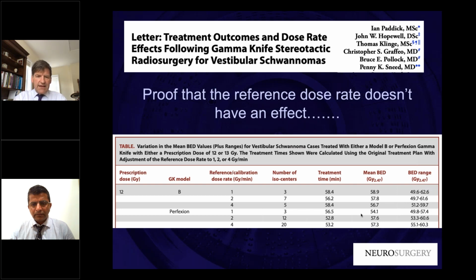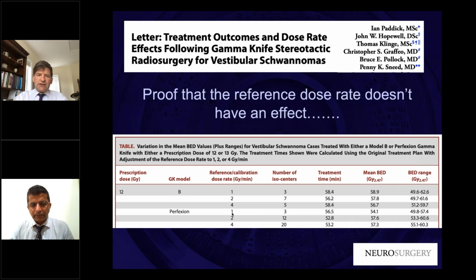If we look at the bottom three rows for the Gamma Knife Perfexion, we can see what we've done here is we've looked for treatment plans that were clinically delivered, but we've adjusted the reference dose rates of those clinical treatment plans so that they will deliver a treatment in exactly the same treatment time, even though the reference calibration dose rate of the machine is either 1, 2, or 4 gray a minute.